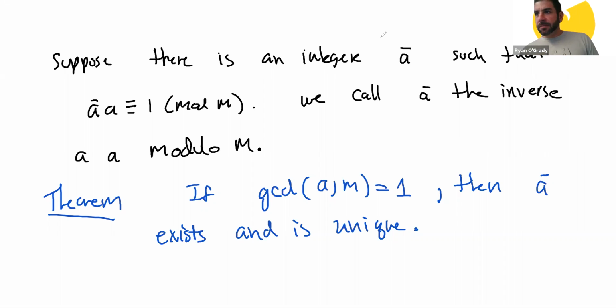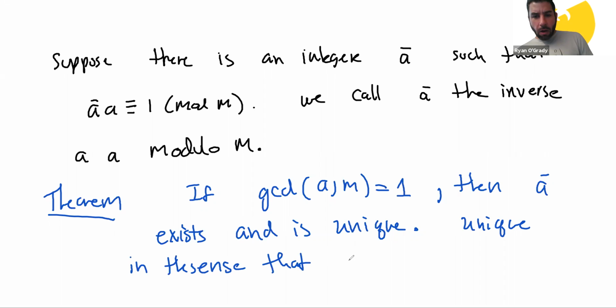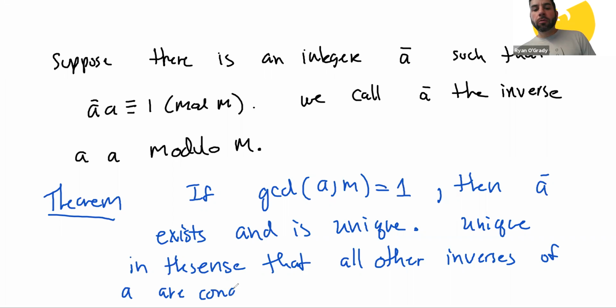So we're going to do an example real quickly, and then hopefully this will illustrate what I mean by that. So let's say this the following way. Unique in the sense that all other inverses of A are congruent to A bar modulo m.